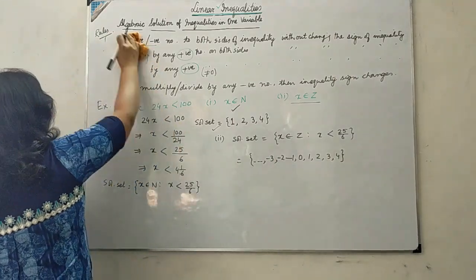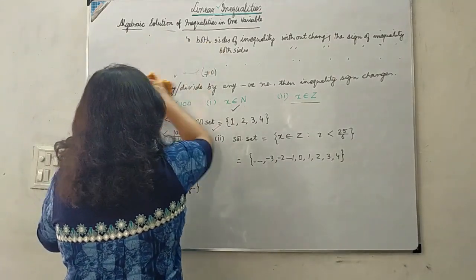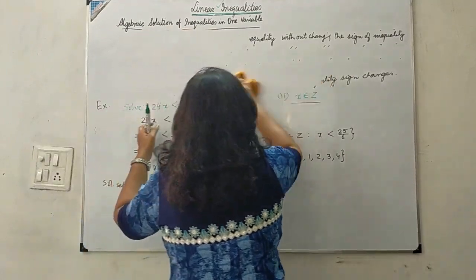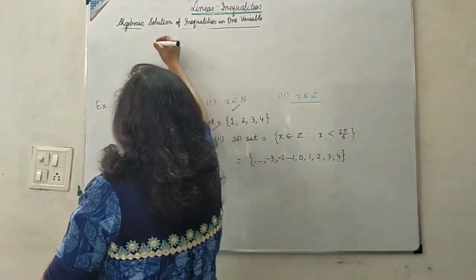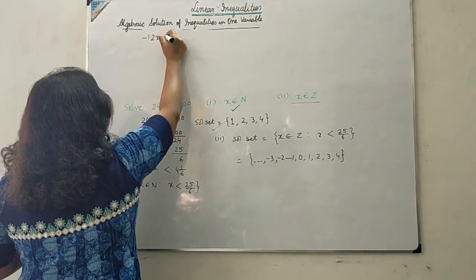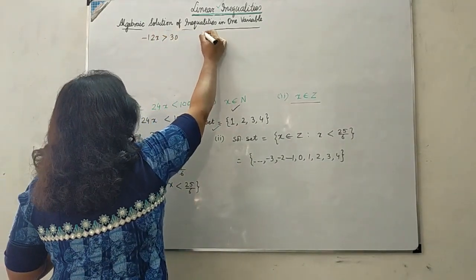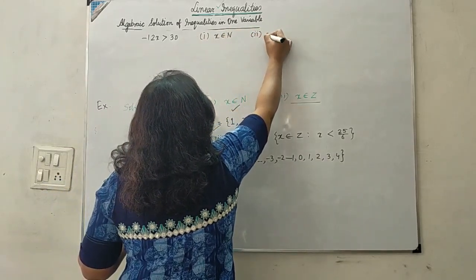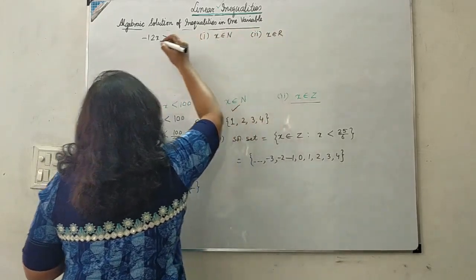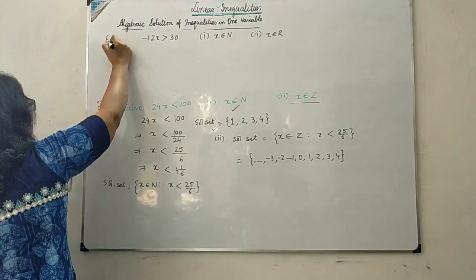Moving to the second example, let me take the inequality -12x greater than 30, where x is a natural number in the first part and x is a real number in the last part.